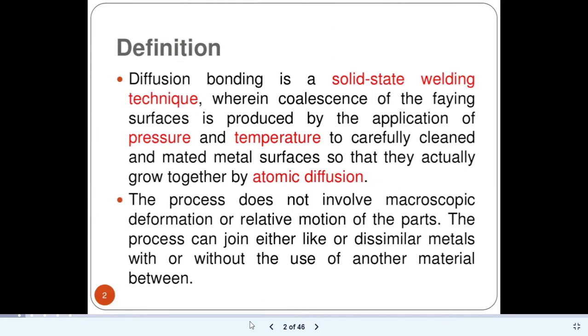Generally in a diffusion welding process filler material is not used, but in some applications filler material may be used, or as per our requirement we can use or avoid filler material. By using diffusion bonding we can join similar as well as dissimilar metals. So this is the procedure of diffusion bonding.